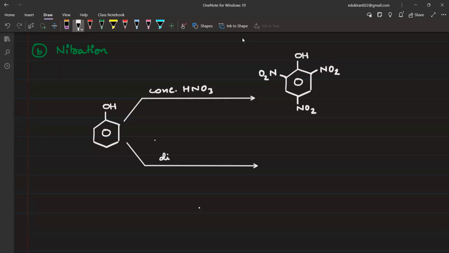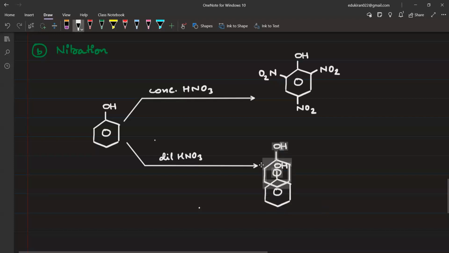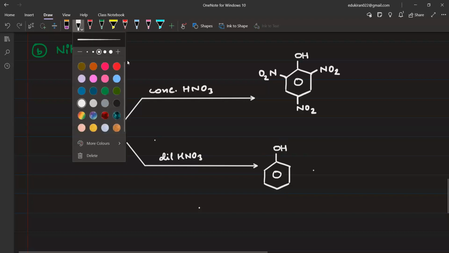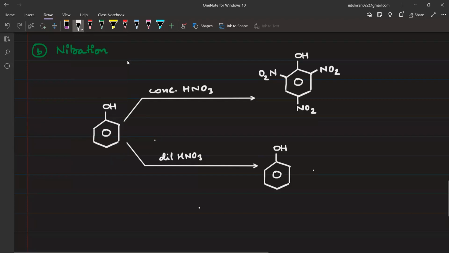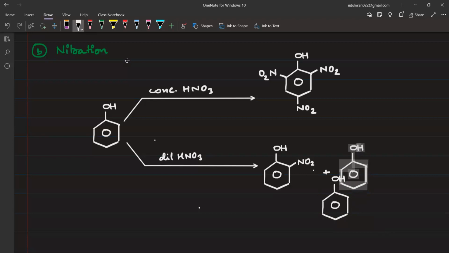But if I use dilute HNO3, then I will get two products. One is ortho substituted nitrophenol, and the other will be para substituted nitrophenol.